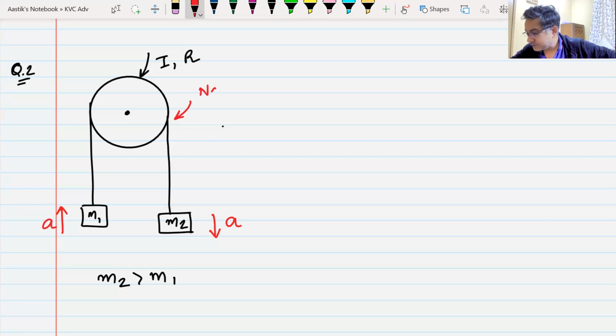What will happen to the pulley? Does the pulley rotate or not? Yes, sir. It will. How will it rotate?